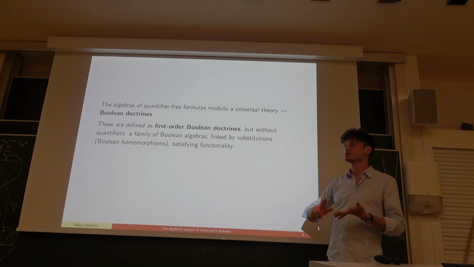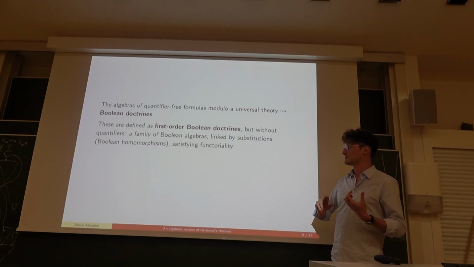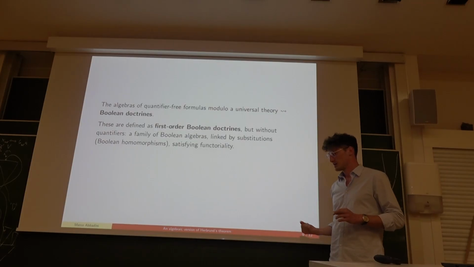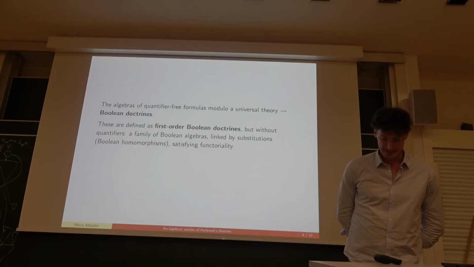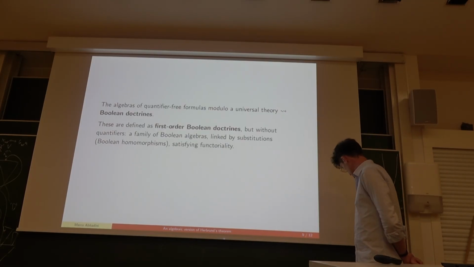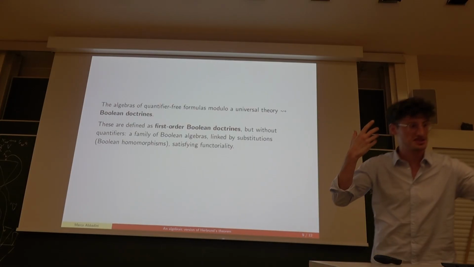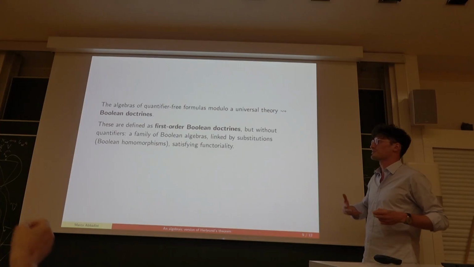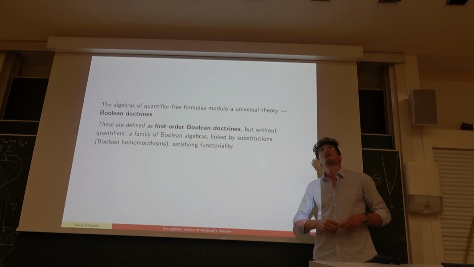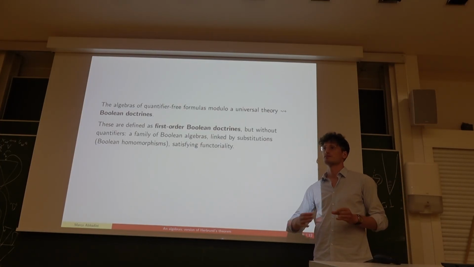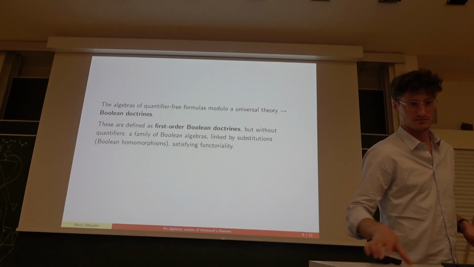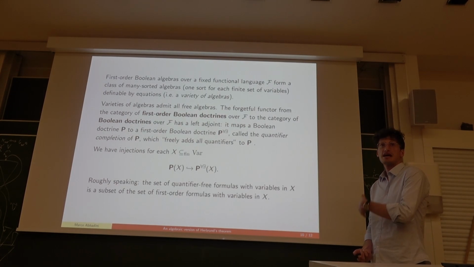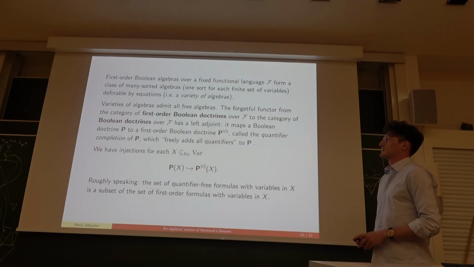We have substitutions, which are Boolean homomorphisms satisfying functoriality as a family, but we don't have quantifiers. Essentially, this is because universal sentences, you can think of them as a quantifier-free theory that might have free variables.